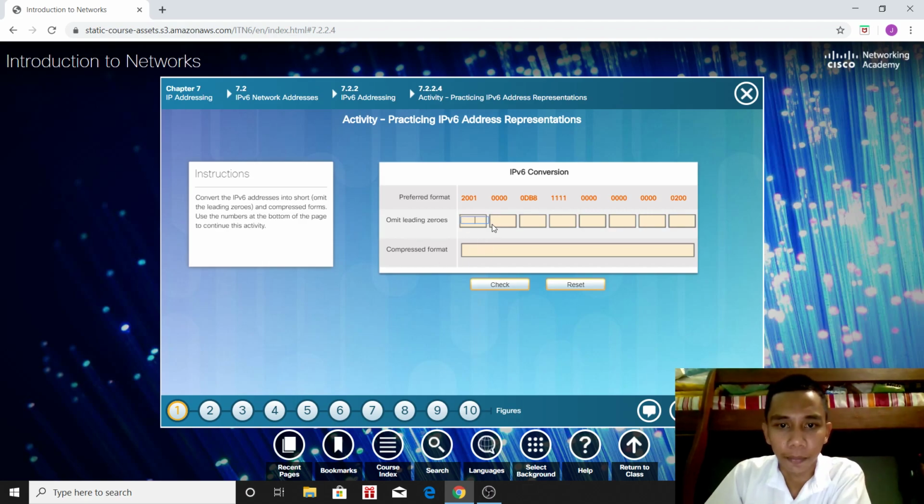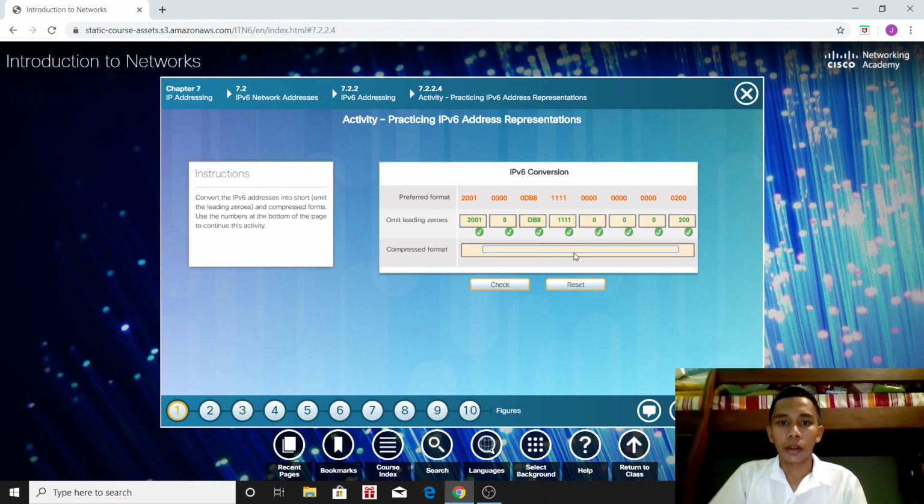So let's try. 2001, then 0db8, you write only db8, then 1111, then 0000, and then 0200.